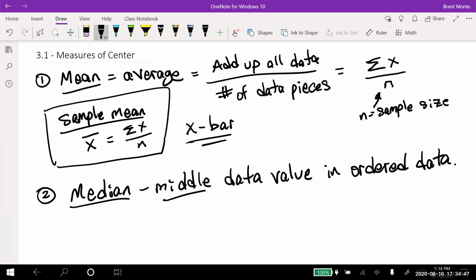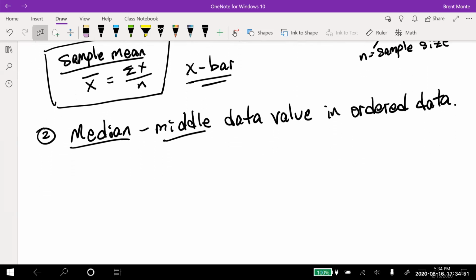It's the middle value. Now, if we have an odd number of data, we would have a middle. So let me just make this up, and I'm going to put these already in order. Say we have 1, 2, 5, 7, 9. Well, the middle piece is 5. That's going to be my median.